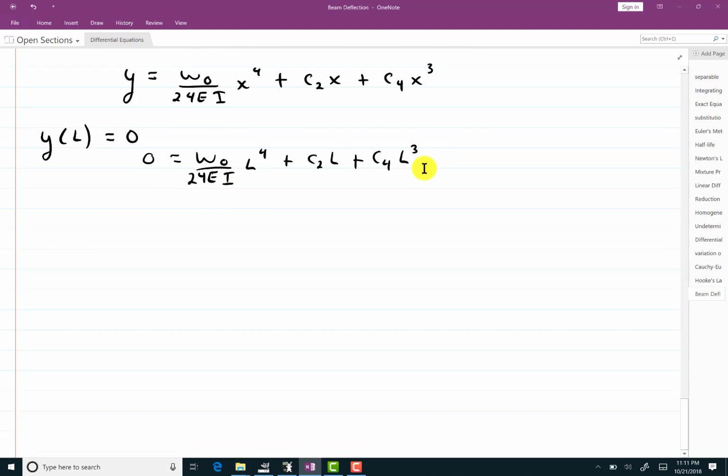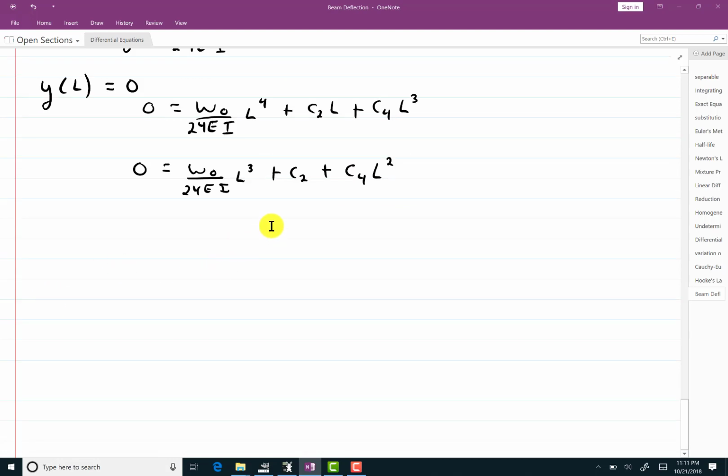I'm going to divide out by L. So I will get one equation involving c2 and c4. That will be c2 plus c4 L squared equals negative w naught over 24EI L cubed.